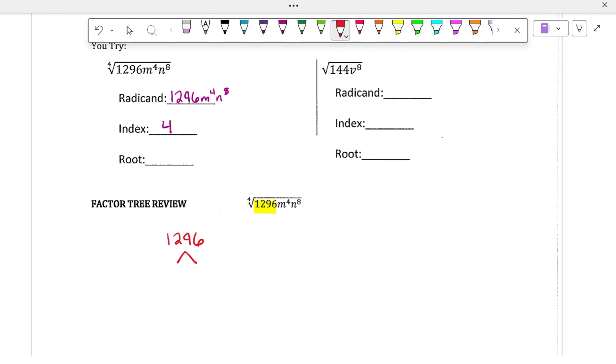So I'm going to divide 1296 by 2 and I get 648. Now, 2 is prime, but I can break down 648 further. So I'm going to divide that by 2, get 324.